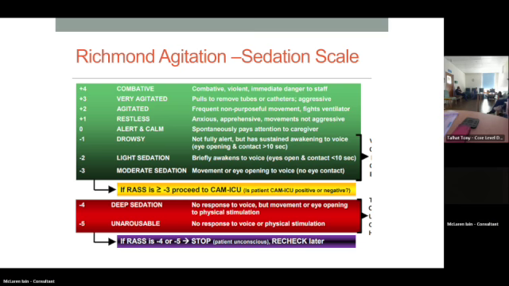We want to keep people ideally anywhere between -1 and +1. A patient who is deeply sedated, -4, -5, is at risk of harm. Now, there might occasionally be a good reason for doing that in terms of neuroprotection or in patients who are particularly difficult to ventilate. However, the ideal is to have patients much more alert than that.